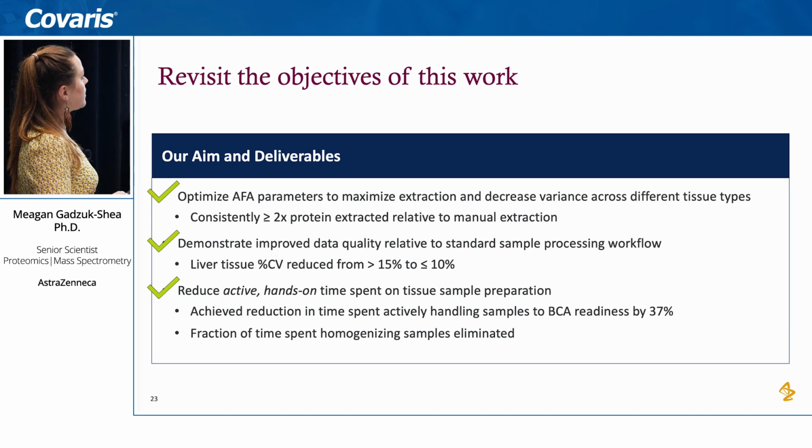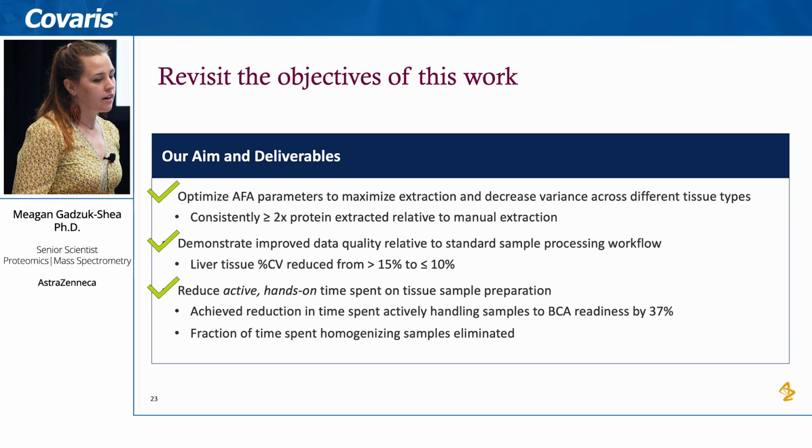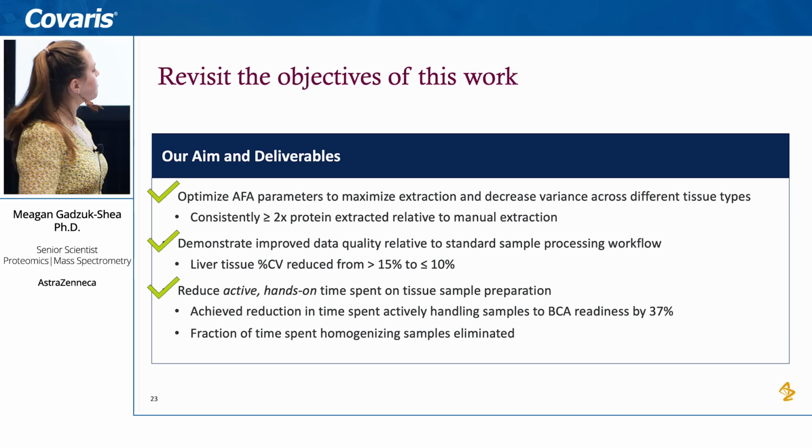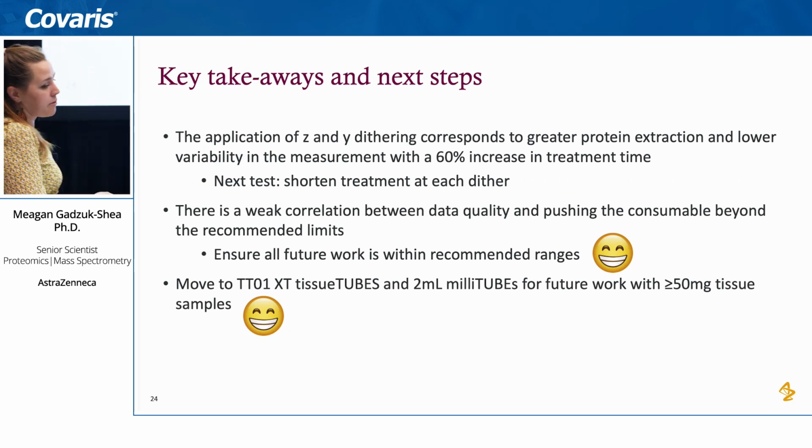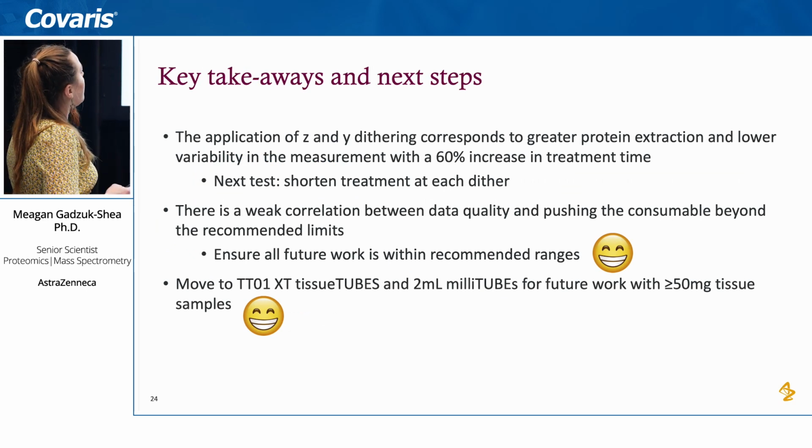We were able to get the liver tissue CVs reduced from over 15% to less than 10%, which is really awesome. And then, the active hands-on, the fraction of time spent homogenizing with the AFA is completely eliminated. So that's really great.